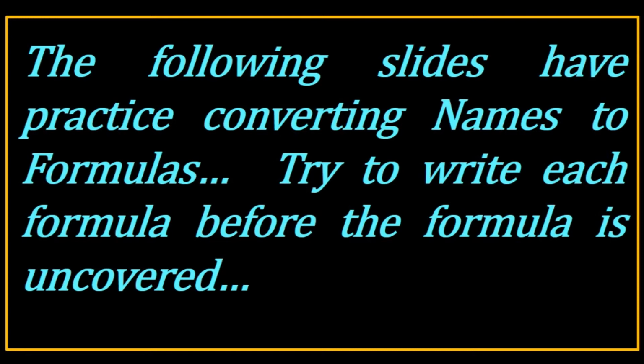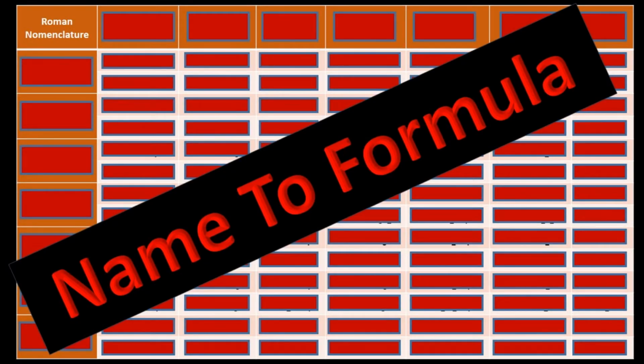We're going to mix up the negative components as polyatomic ions or individual ions, where you answer it as ide, ate. Okay, so here's the worksheet, name to formula, and I will uncover each one individually before we turn it on and we go real fast.